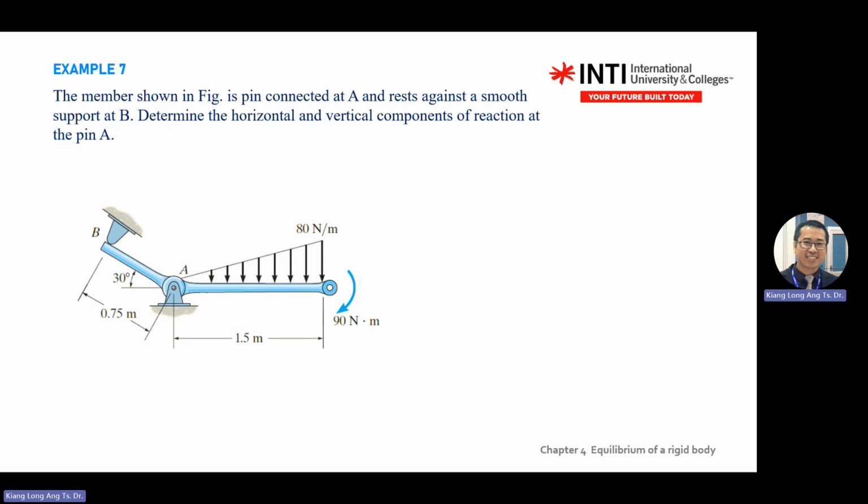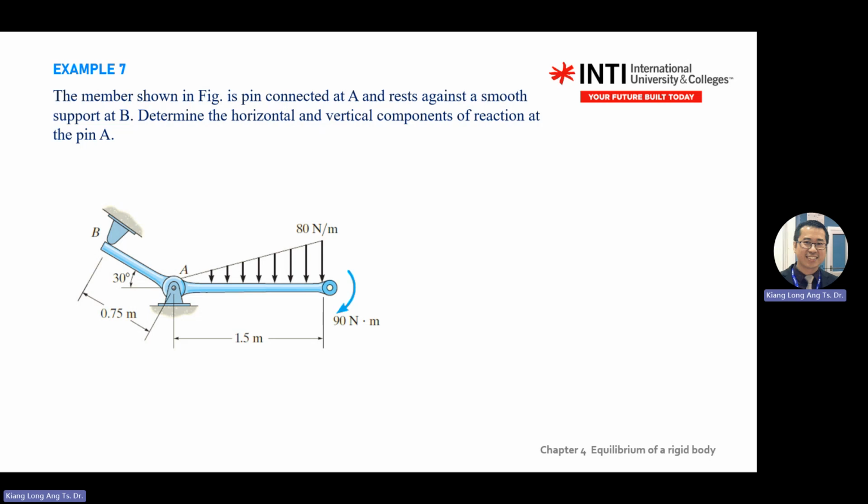Okay. Convert into concentrated force. So this one I will write. How do you calculate the concentrated load there? It's a triangular, or area under the graph. This is the base. So 800 Newton per meter multiplied by 1.5 divided by half. This is half of the rectangular.